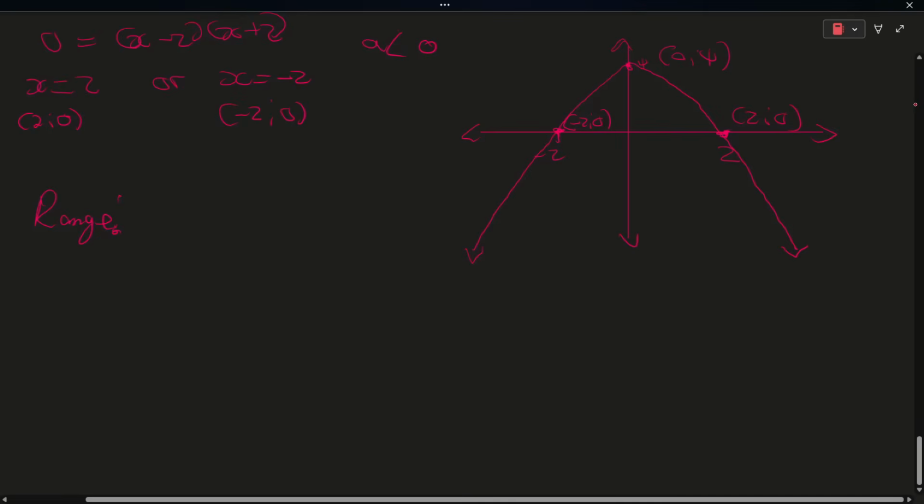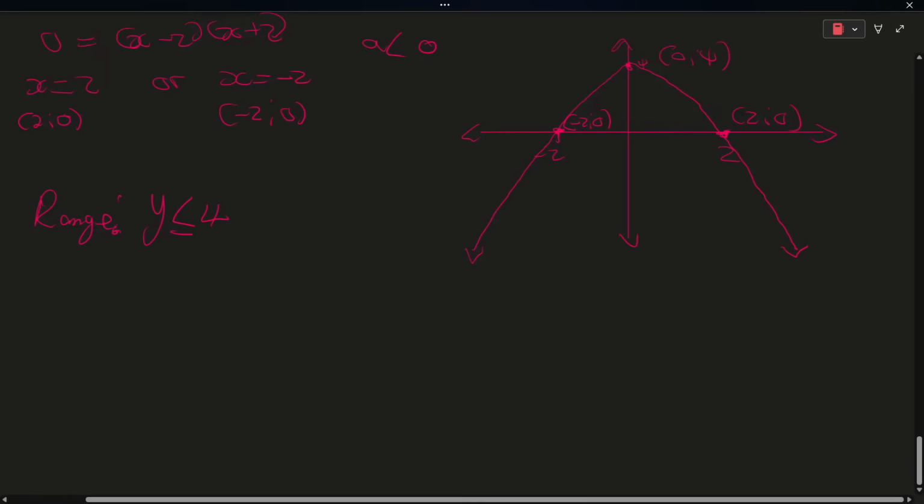We know that the shape is concave down, so the range is going to be y less than or equal to the y-intercept. What is my y-intercept here? That is 4. That is my range.